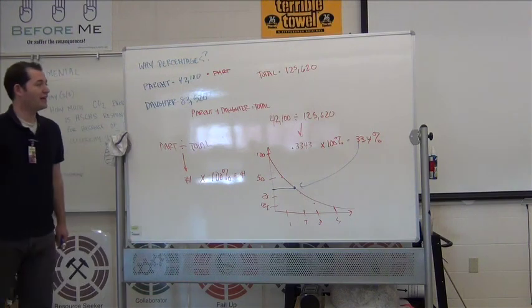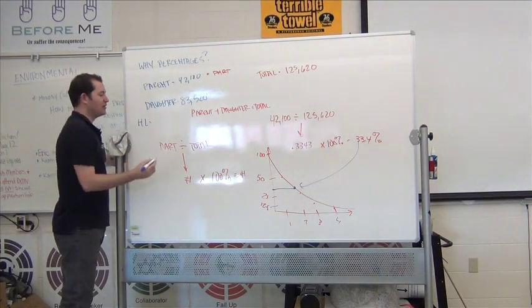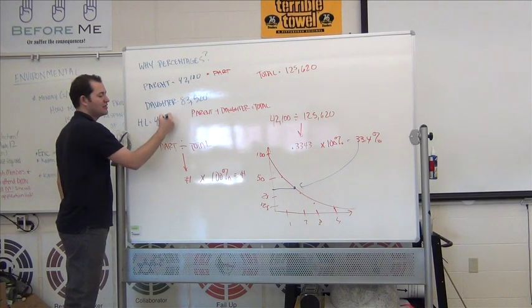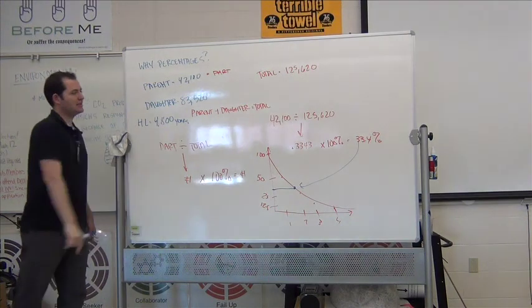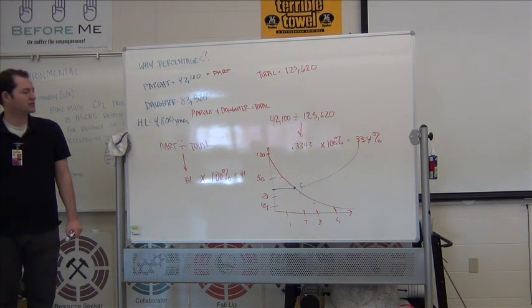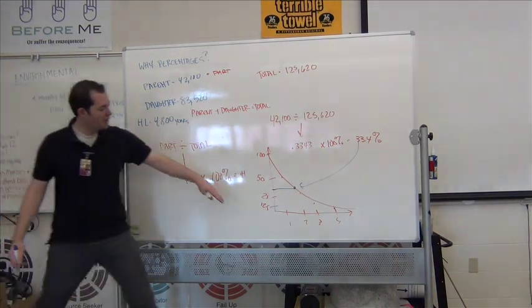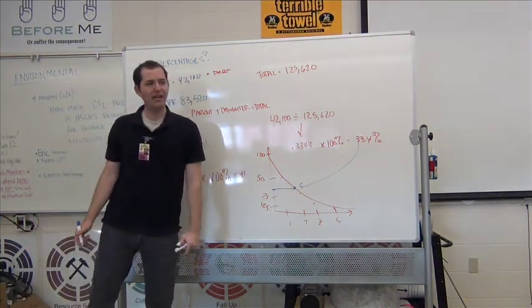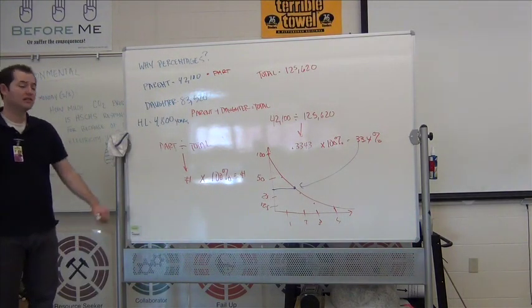Okay? Well, if the half-life of this equals 4,800 years, how old is this rock? How do we figure it out? If we know the half-life is 4,800 years, then we know that it's gone through about 1.5 half-lives. How do we figure out how old it is?